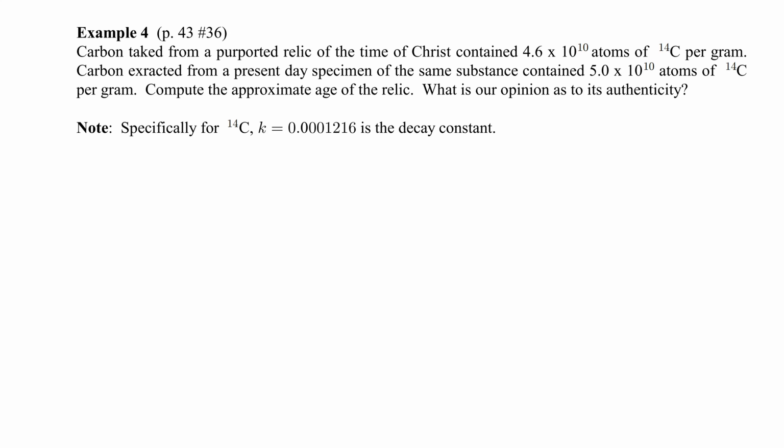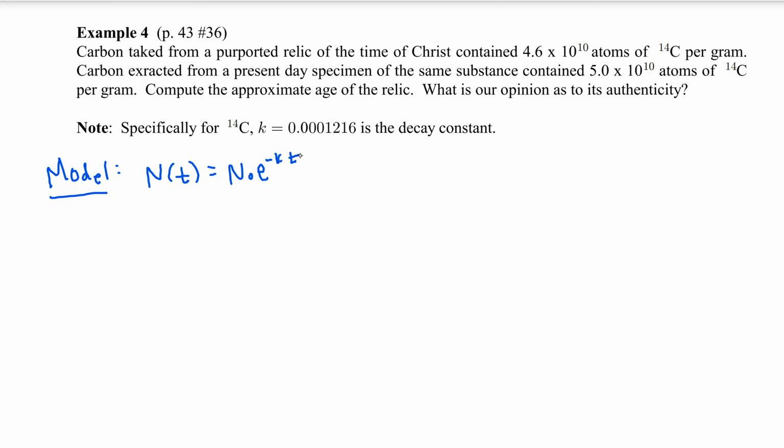So what we're going to do is construct a model that follows the same pattern of the differential equation that we've been studying, which will have a solution N of t equals N naught e to the negative kt. So I'm jumping straight to the solution to the differential equation. K, of course, is the decay rate, and we are supplied the decay rate here for carbon-14.